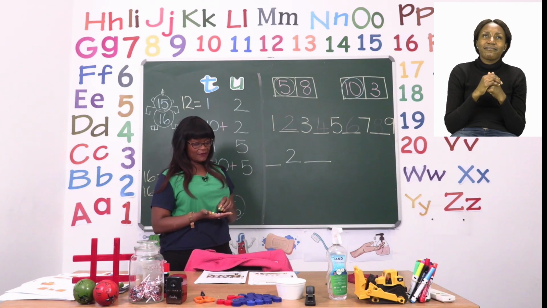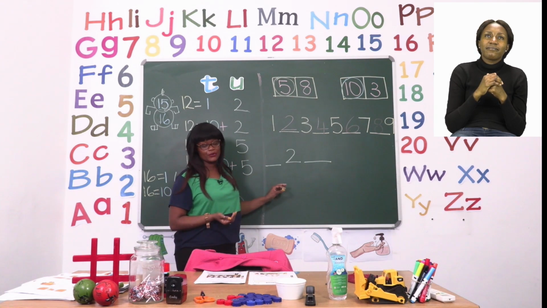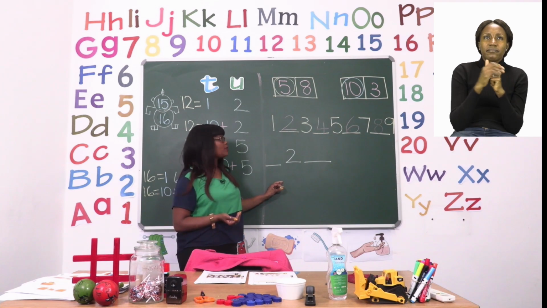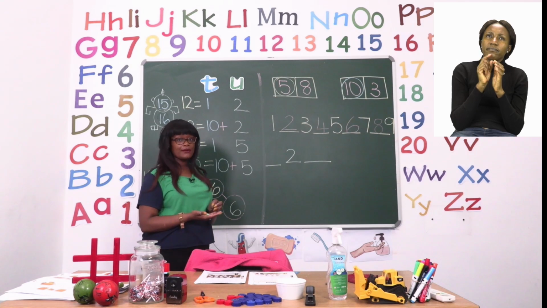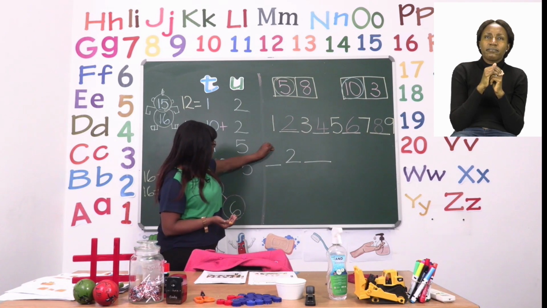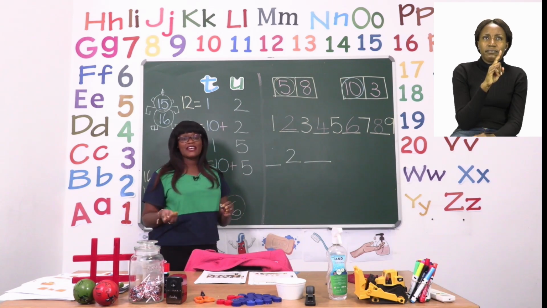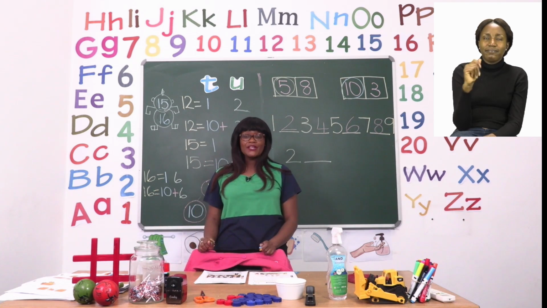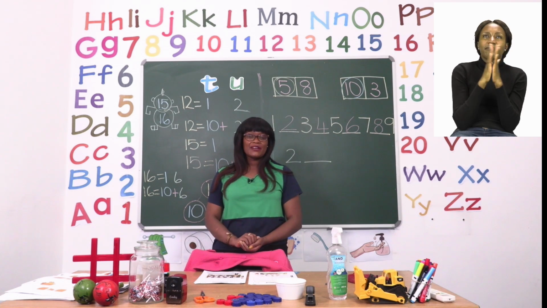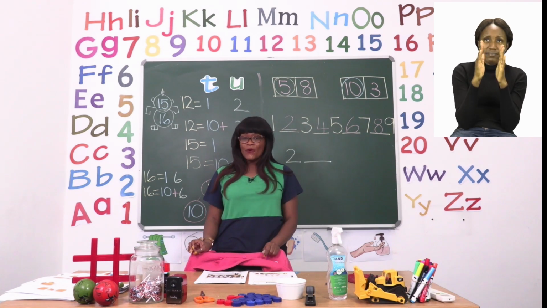So the same thing can be said for the rest that you're going to do, the ones that are on the chalkboard. Make sure that you count. I wanted to help you with the first number for the second one, which is 1. And then after that, you have your 2 already there. Then you can continue.